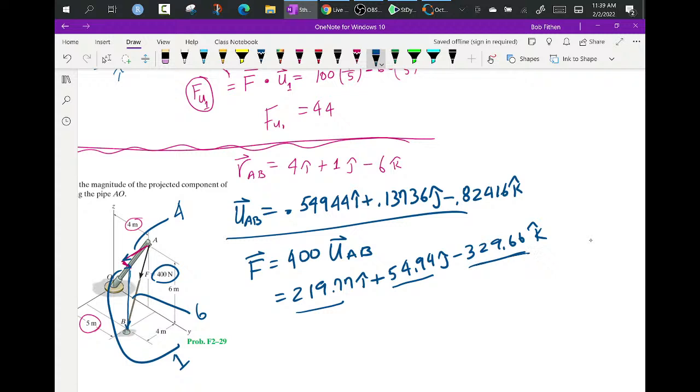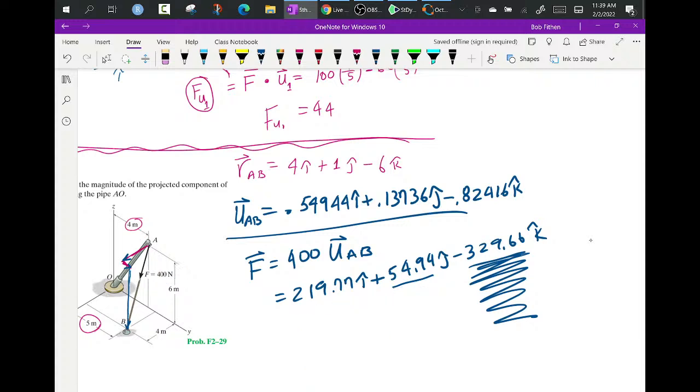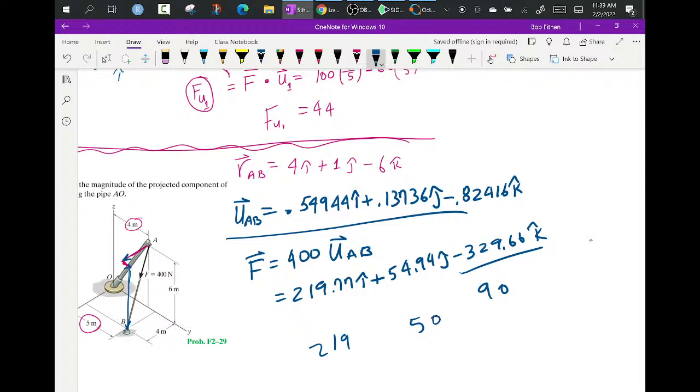So they should kind of mimic that, with similar magnitudes. If I got this one to be 90, and this 219, and this 50, I'd know I'd have a problem, because this distance is 6 and is not smaller or larger than that one. So you need to look back and see if it makes sense.